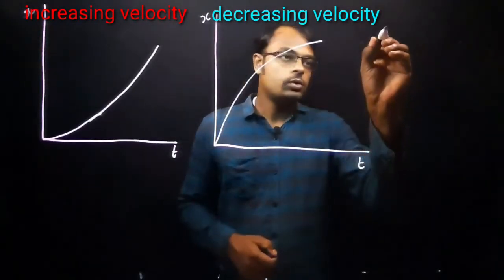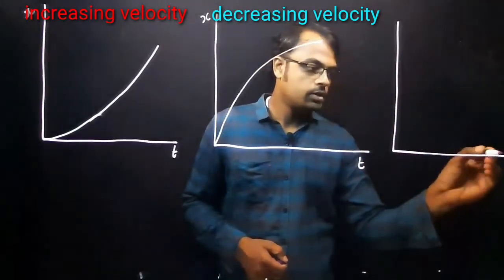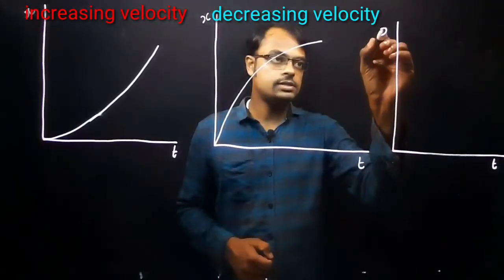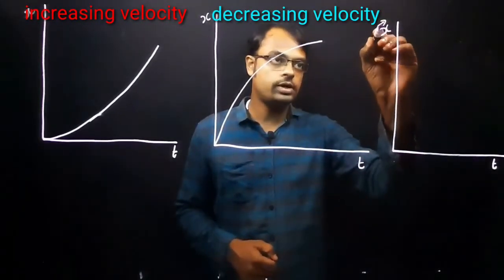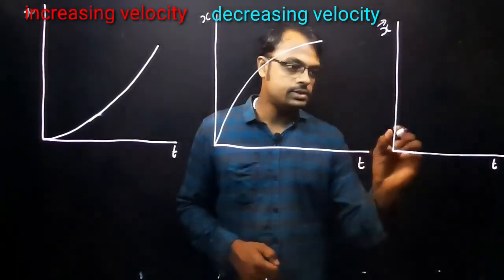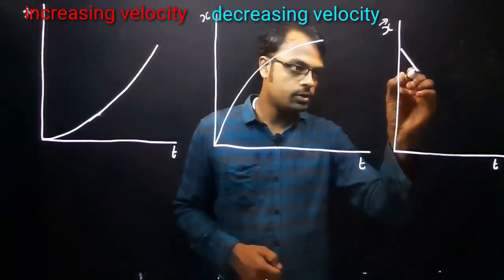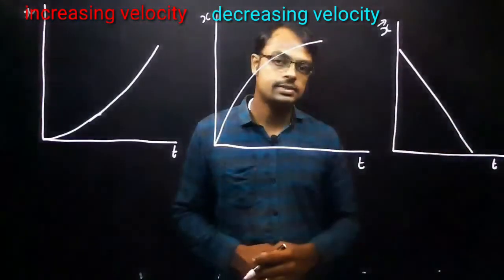Now let's discuss another type of graph. See this one: along the x-axis once again time, along the y-axis the position or displacement, in units of meters. So this is also a vector quantity. Now the graph is like this. It is a straight line, but you see the straight line is coming down towards the x-axis.